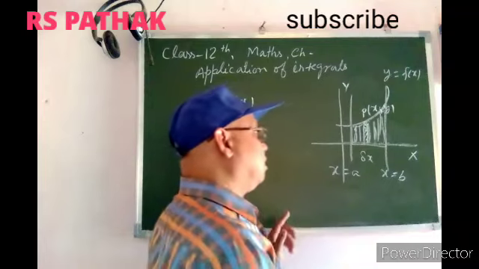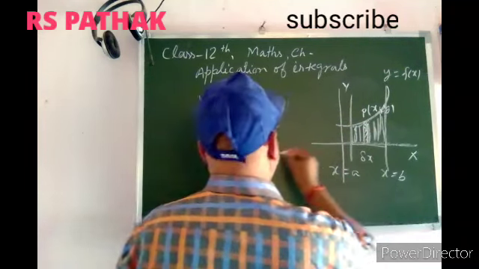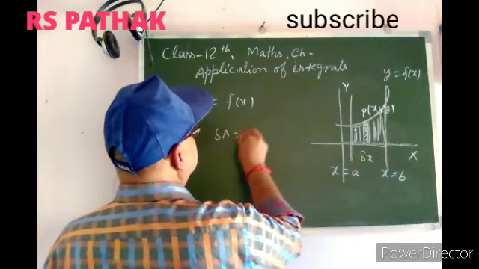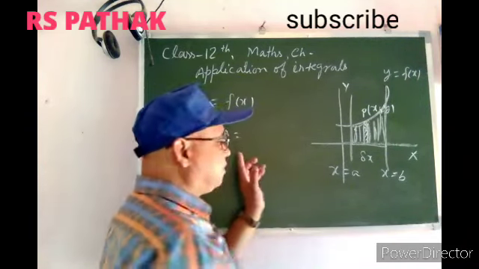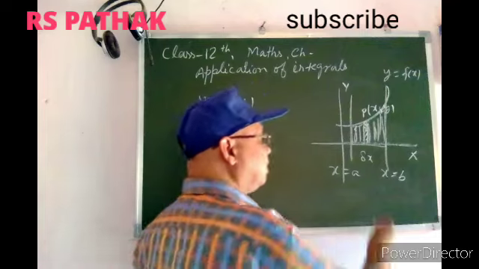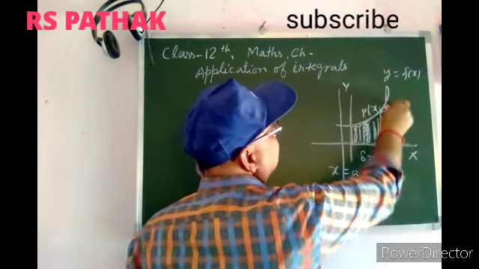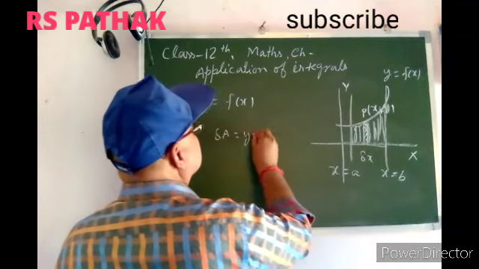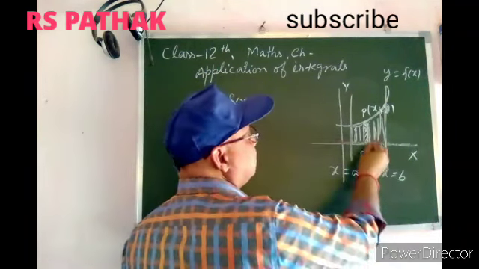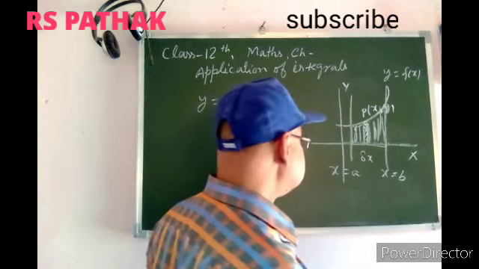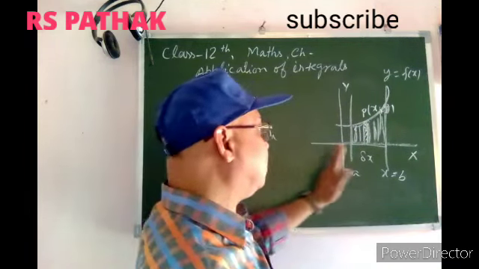The area of the rectangle will be length into breadth. Let us suppose the area of this strip is delta A. Then area of this strip is length into breadth. Length is from here to here, y. This distance is y. And the breadth is delta x. We have found the area of this strip.